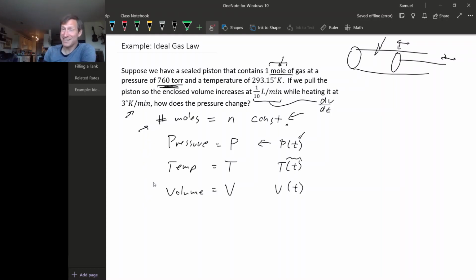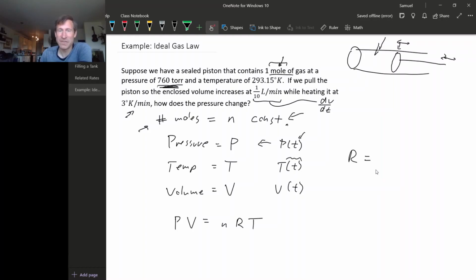And there actually is a formula that any physicist or chemist could tell you about. It's called the ideal gas law. And the ideal gas law says that PV equals nRT. Okay, so pressure times volume is number of moles times R times T, and R is a constant that depends on the units that you're using.